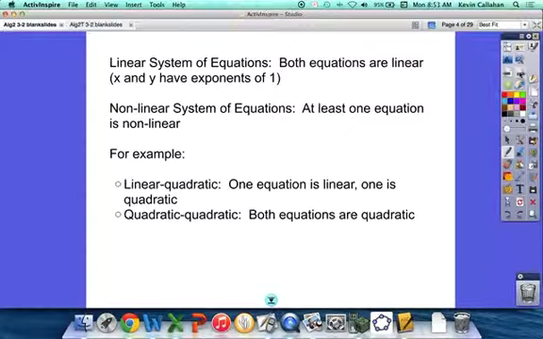If one of them has an exponent on x or y, which is not 1, then you got a nonlinear system. And the SOL specifically addresses 2 situations. Linear quadratic, which means one is a straight line, one is not. And quadratic quadratic, which means neither one is a straight line.